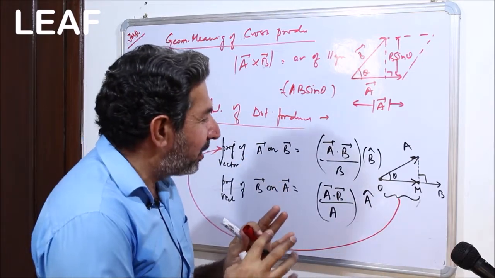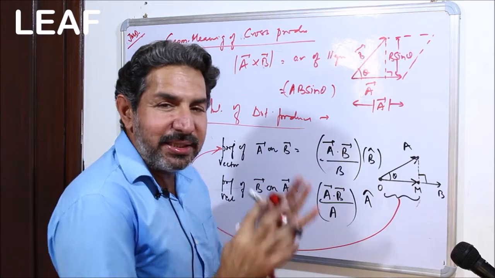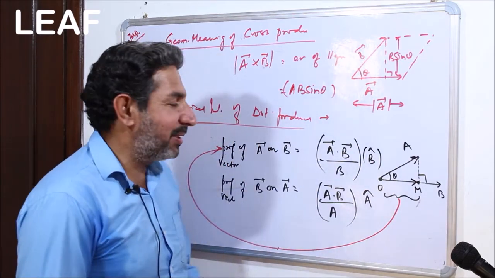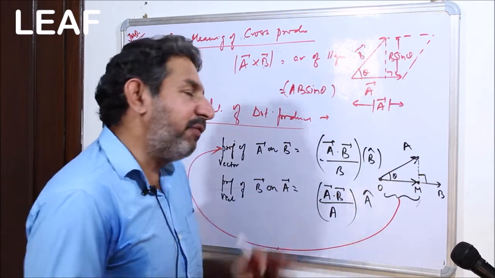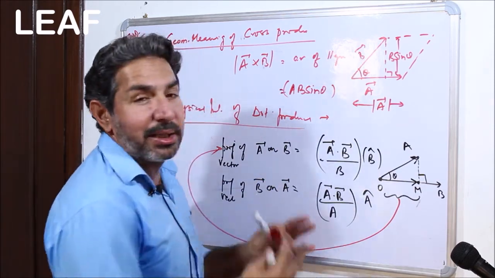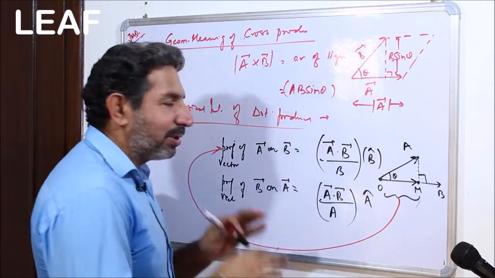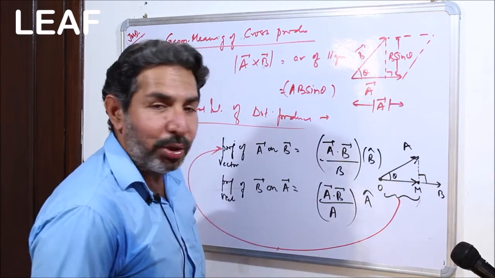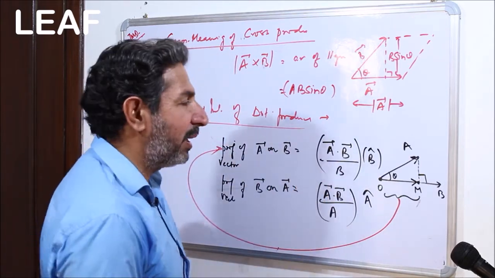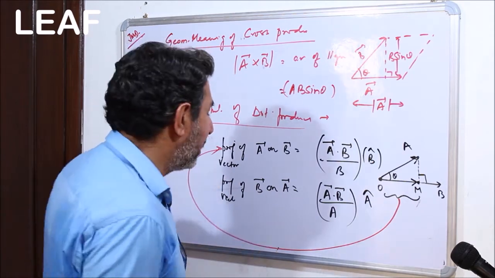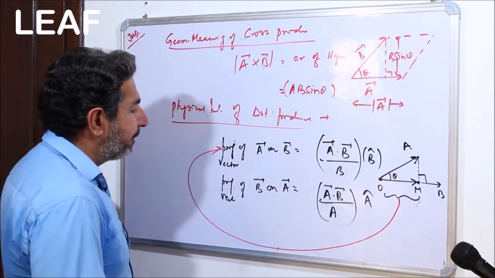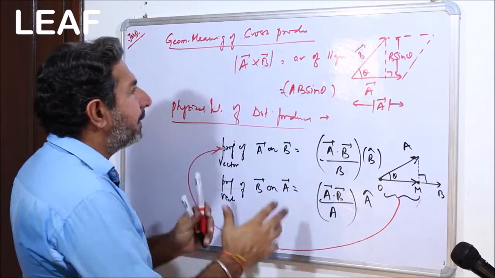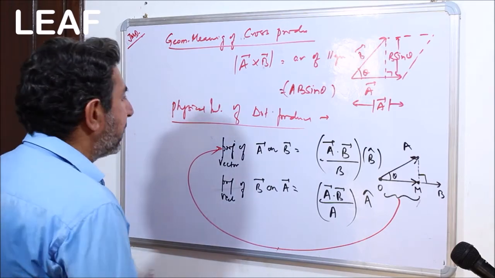If we take these things on easy notes and absorb them well, it will be very comfortable. If we keep asking what is this, what is that, it is going to be difficult. So this is my methodology, my way. Please understand it in a lighter note, and you will manage it within the numericals, I assure you. So this is the projection vector of A on B and the projection vector of B on A, and this is the geometrical meaning of the cross product and dot product.